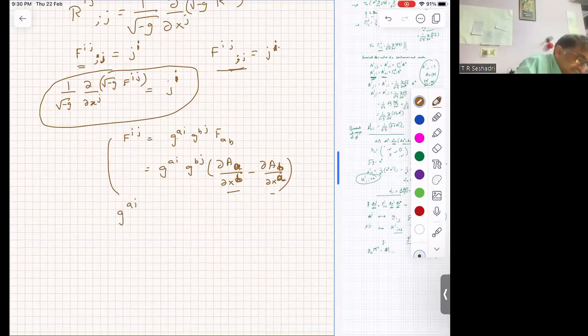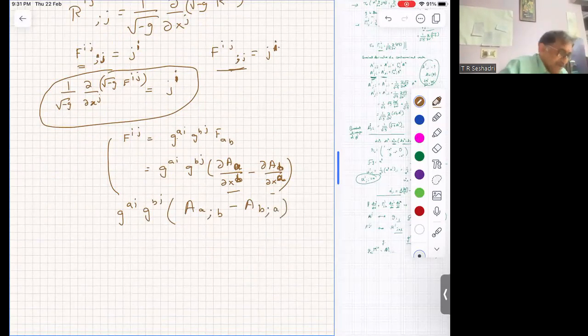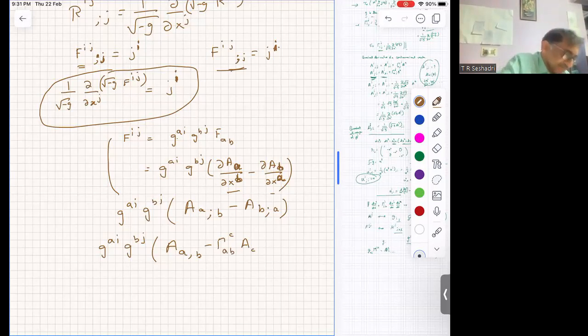So I will write it as GAI, GBJ, AA covariant derivative B minus AB covariant derivative A. This is GAI, GBJ, AA comma B minus gamma C A C A B minus AB comma A plus gamma C B A A C. Yes, it cancels out, since they are symmetric, these two cancel out.